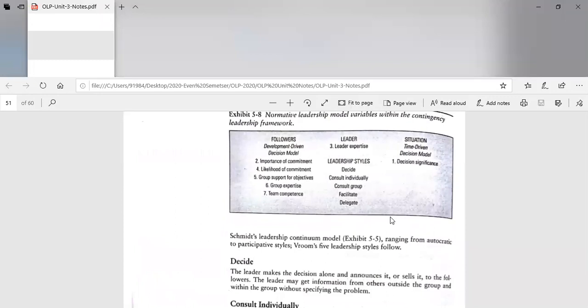Decision significance and leader expertise are considered here with the 5 styles of leadership. The followers' development driven decision model relates to the followers: importance of their commitment, likelihood of their commitment, the interest they show, group support for their objectives, and group expertise and team competence. These are all follower related variables. So the leader related variable is leader expertise, and the situation related variable is decision time.